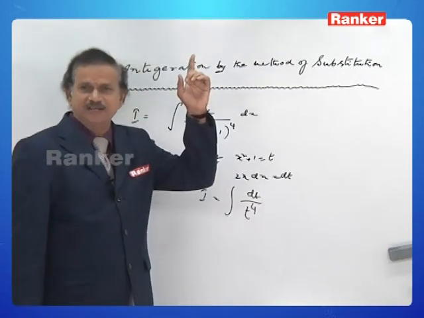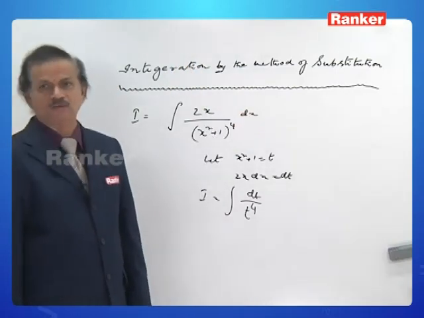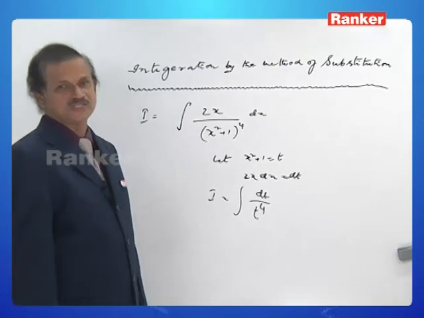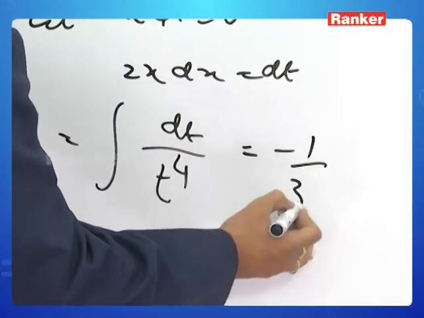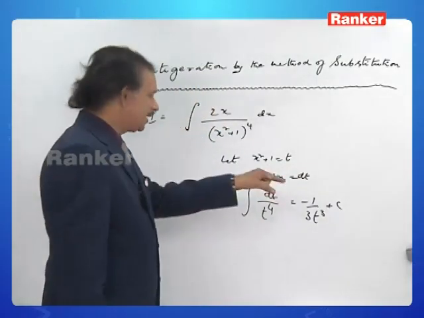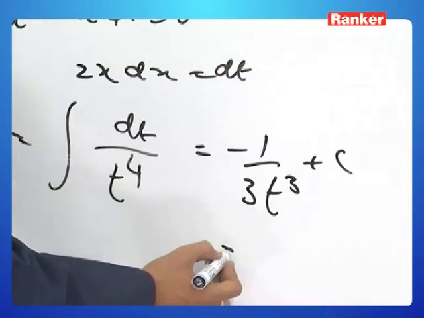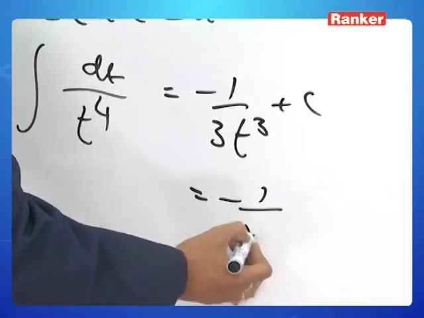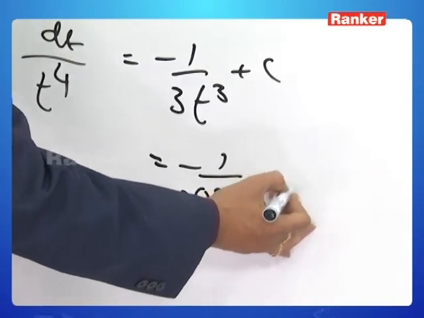Previously we had the formula integral of 1 by x power n dx is minus 1 by n minus 1 into x power n minus 1, isn't it? According to that, it is therefore equal to minus 1 by 3t cube plus c. And in the place of t we use of course x square plus 1. Hence this is minus 1 by 3 into x square plus 1 whole cube plus c.